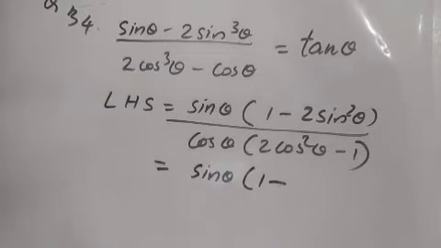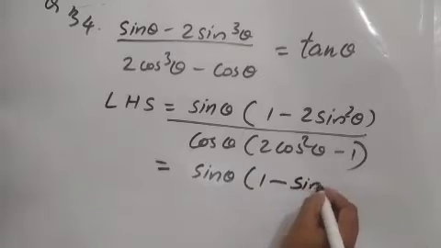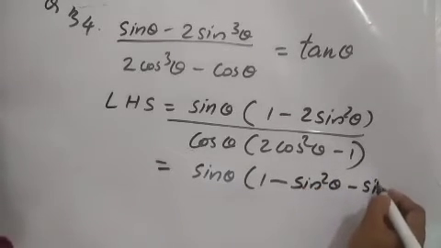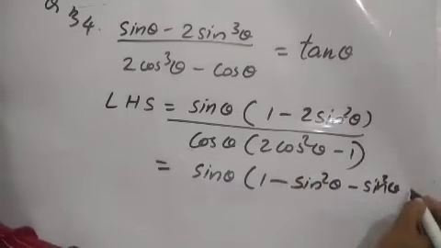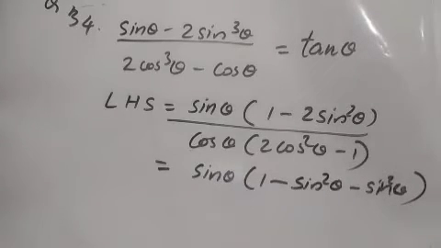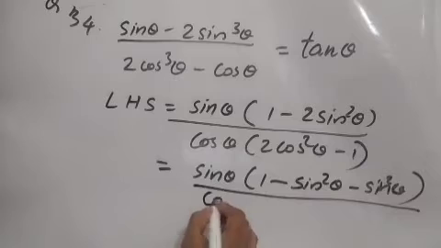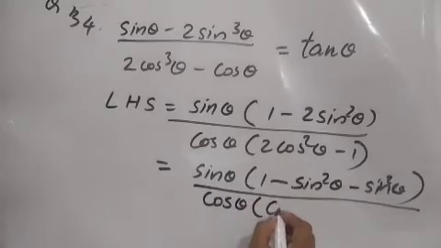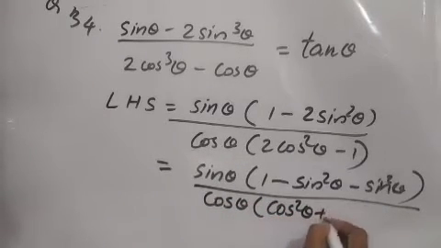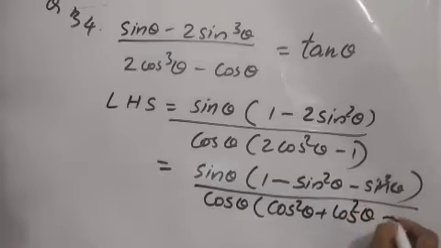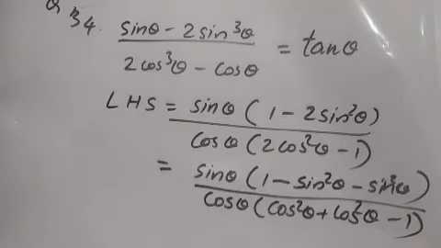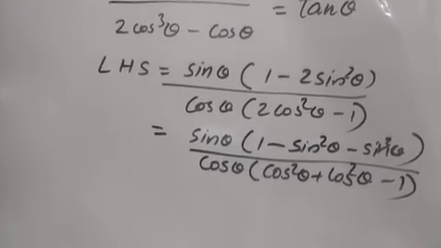There are 2 sin square thetas, so we can split it as sin square theta and sin square theta. Okay, both are minus, then only we get minus 2 sin square theta. Similarly, we can write the denominator 2 cos square theta as cos square theta plus cos square theta. Just to rearrange it to apply the identity.